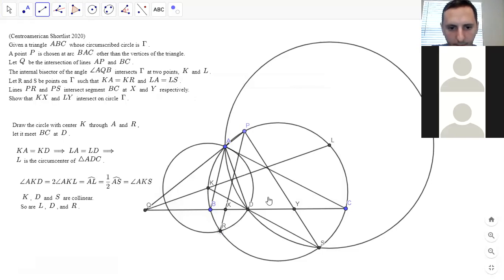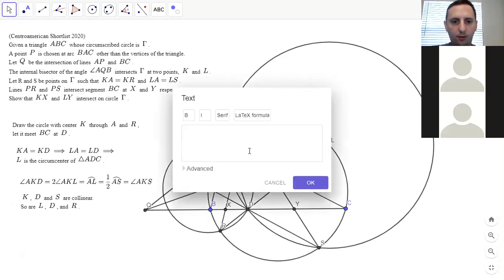So X, T, and Y are collinear, which implies that K, X, and L, Y concur on the circle by the converse of Pascal.